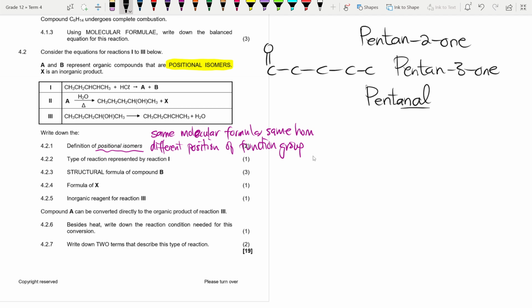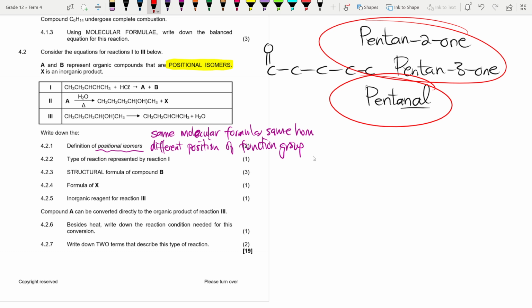Because it's an aldehyde, isn't it? Yes, and remember for aldehydes, the functional group double bond O is always at the end, so you never specify where it is, because it will always be at the end. So yes, these two are positional isomers, but when you change something that will change the name, it's now a functional isomer. Okay, they always catch people on those kinds of things.